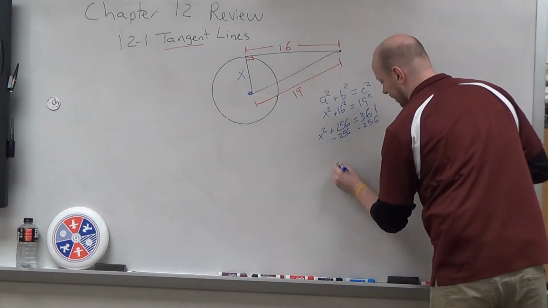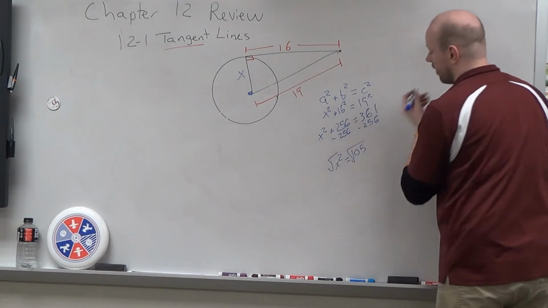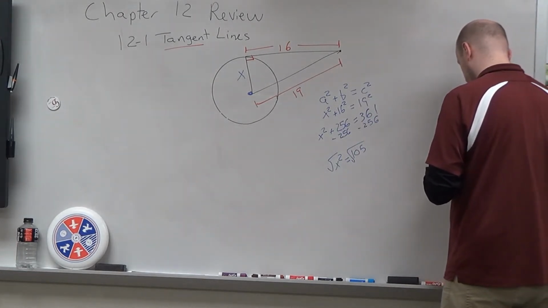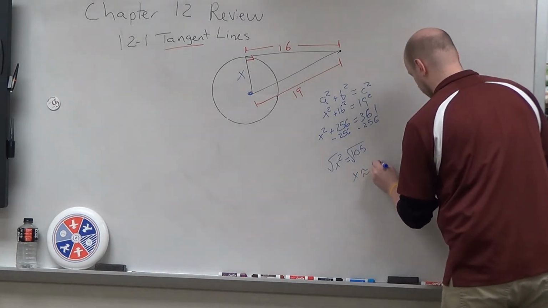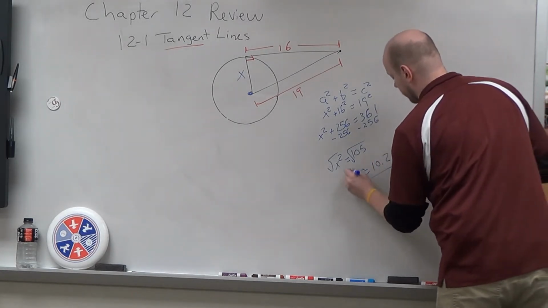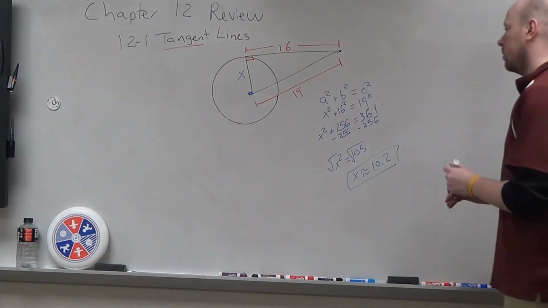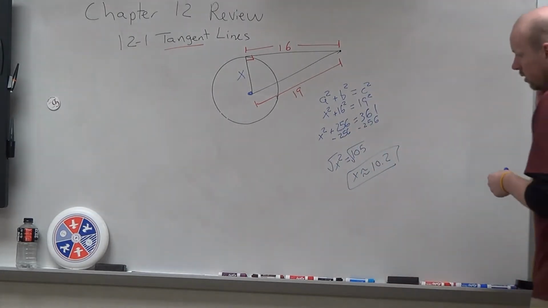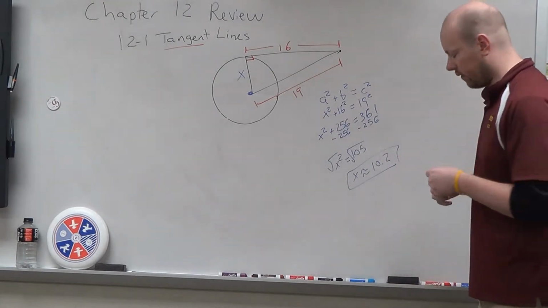So I get x squared is 105, square root. So x is approximately 10.2. So again, just Pythagorean theorem, right triangle, solve for it.